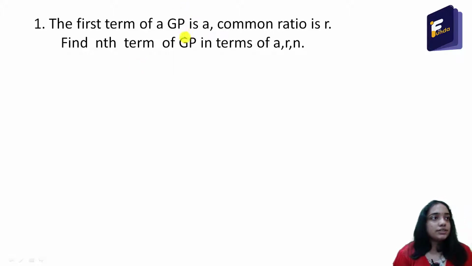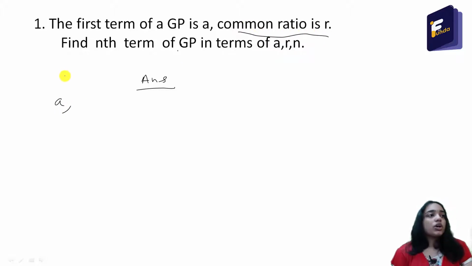Okay, so the answer is, here we are given that the first term of a GP is a and the common ratio is r. So from the definition that we just learned a few minutes ago, in a GP we get the next term by multiplying the common ratio r to the previous term.